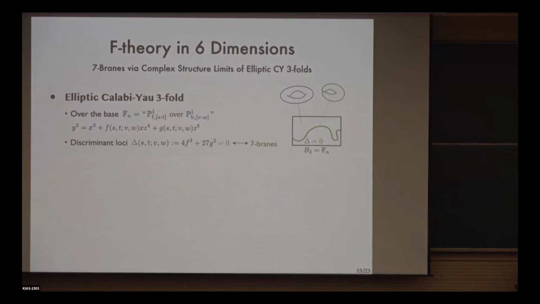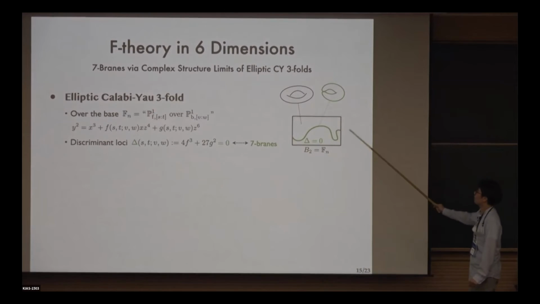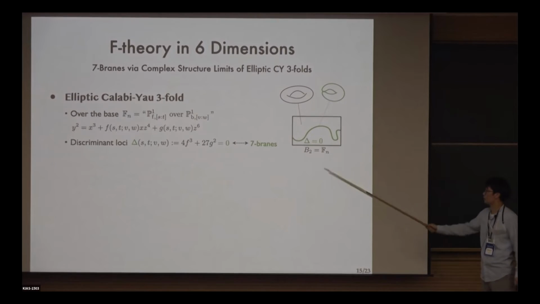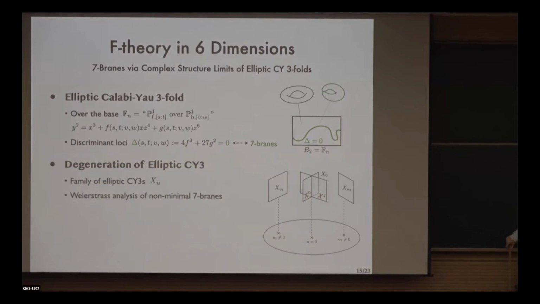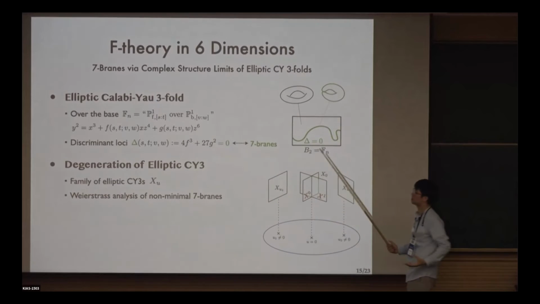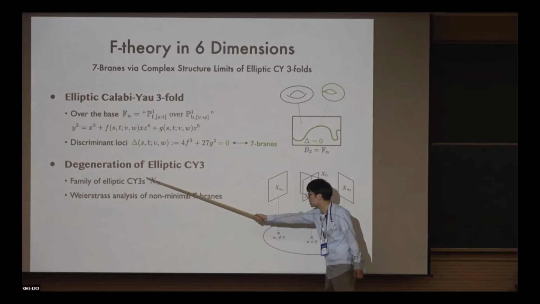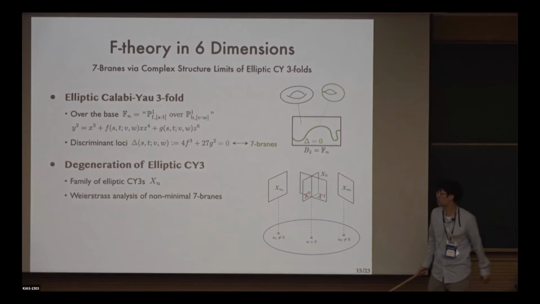And the 7-branes now, which should live on the discriminant loci, are living on curves because it's just codimension 1 in the surface. So that's the difference from the 8-dimensional case. And once again, we can try to consider the moduli that correspond to the 7-brane configuration in the 6-dimensional setup, and that can be described in terms of, again, degeneration of now elliptic Calabi-Yau threefolds.